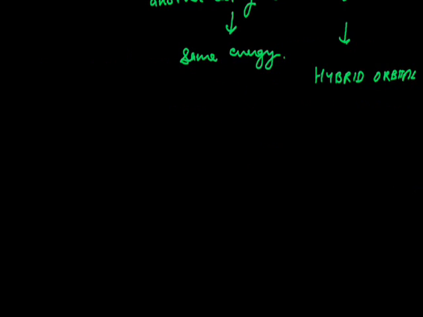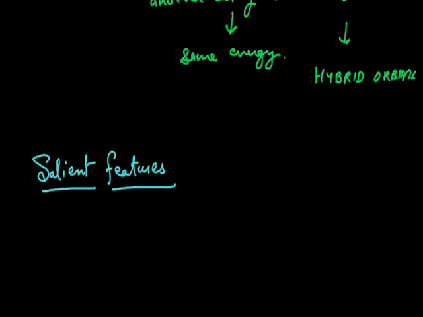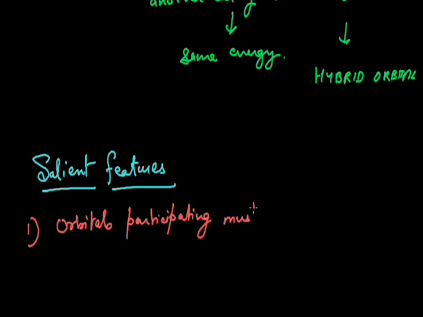Let us have a look at the salient features of hybridization. For hybridization to take place, the participating orbitals must have small differences of energy.